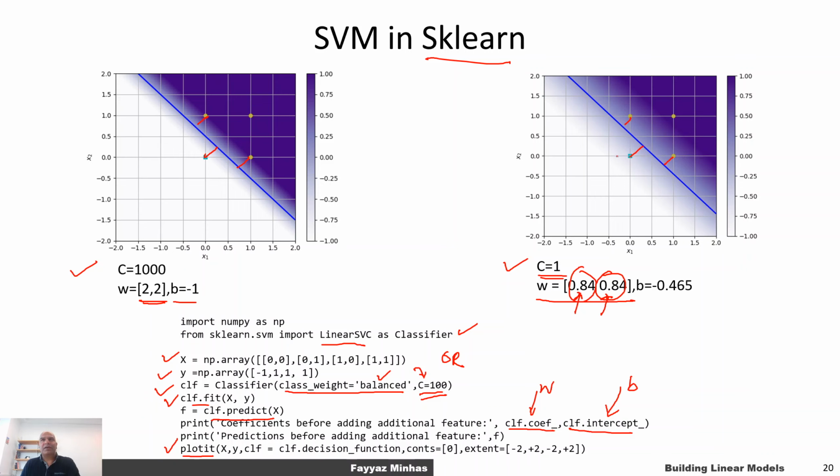But if you pay very close attention to the shading that you see in this color space, that has changed. The effect of having a small value of C is that the weights are smaller. That means a small change in the input is not going to produce a large change in the discriminant function score.